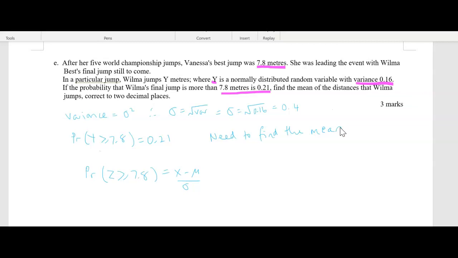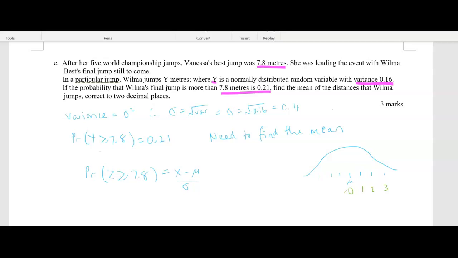So if you think about your normal distribution, we've got a mean here, and we know the standard deviation. Okay, so we can go 1, 2, 3 either side. But if I change it to the standard normal distribution, that can help me relate the normal distribution to the standard normal distribution.